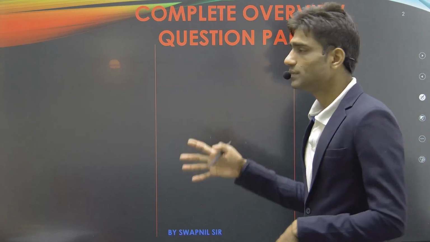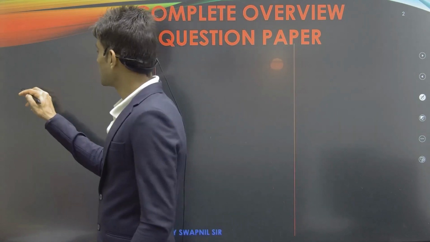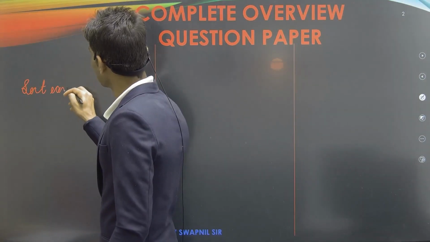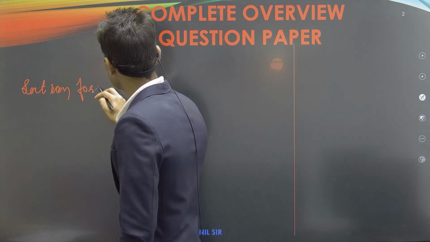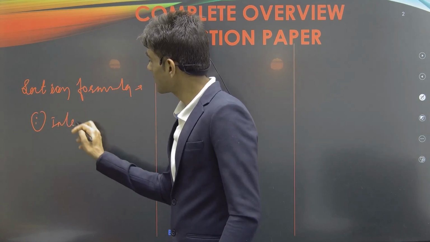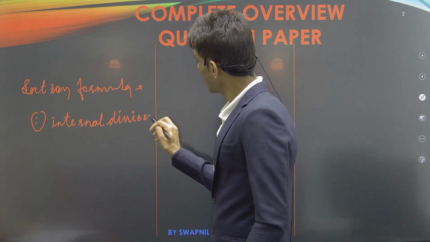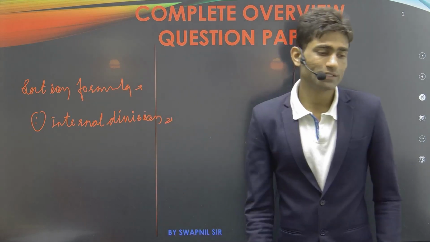I will explain this formula in one or two steps here, because it needs more time to explain, and I have already explained it in my playlist, so if you want to understand it in detail, do check there. First of all I will explain the section formula for internal division, and then we will move to the external division.